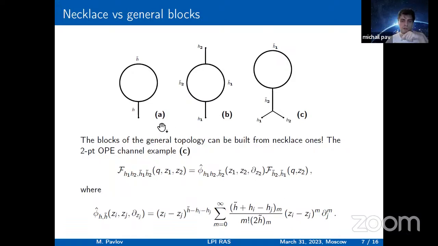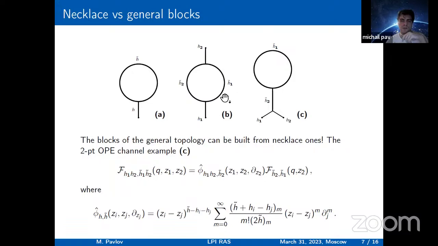So effectively, if you know this 1-point block, you could produce the 2-point block, and it applies to any blocks. The conjecture is the following: you could obtain a block of any channel topology through the necklace blocks.